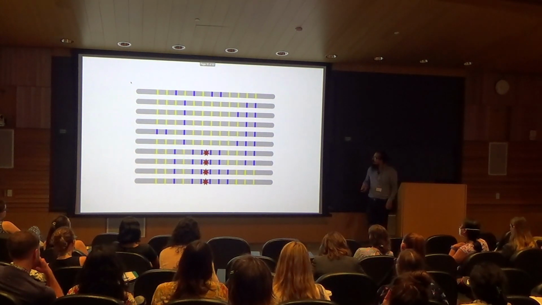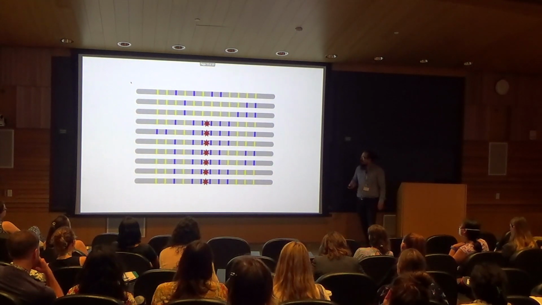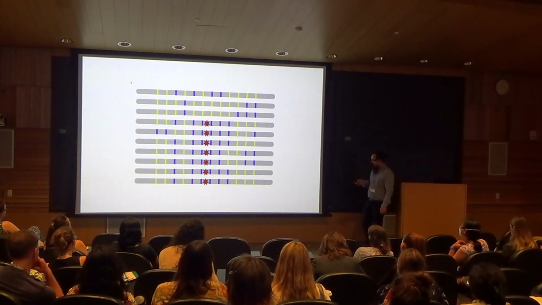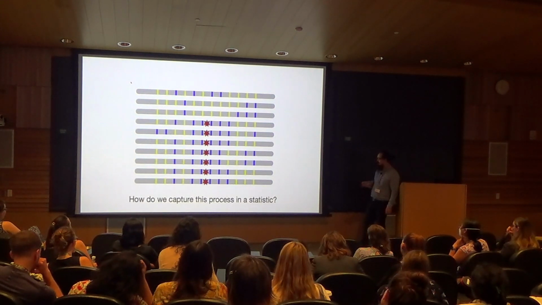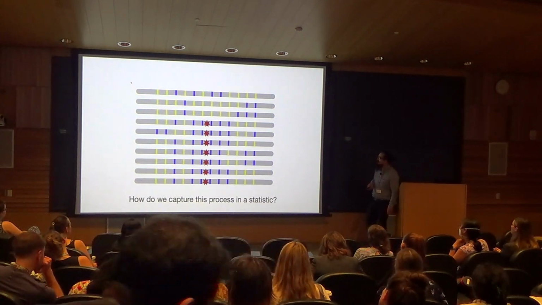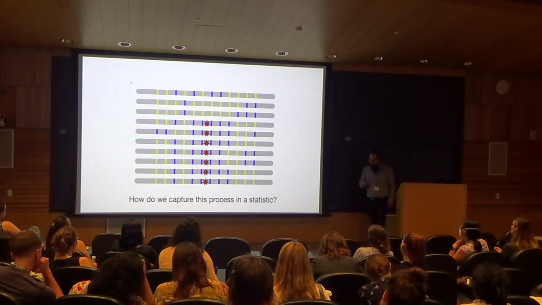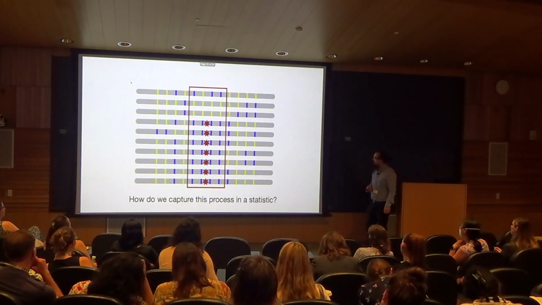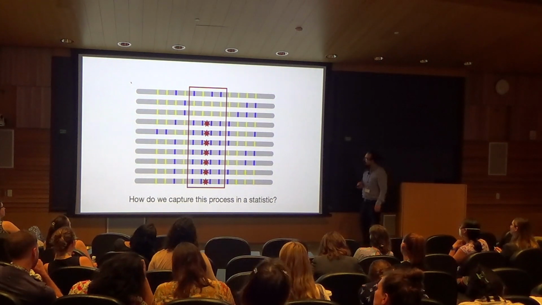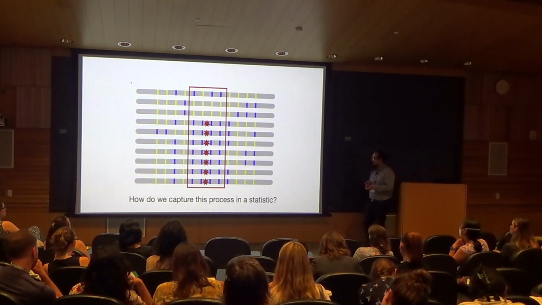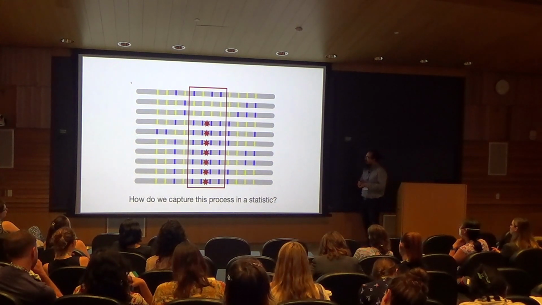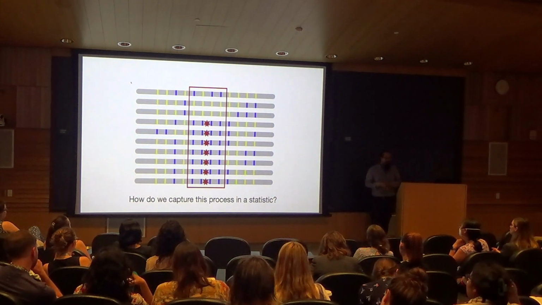Maybe it reaches 70% frequency in the population. Assuming that this has happened somewhere in the genome, we want to know how we can capture this process in a statistic. If you stare around the genomic location surrounding this adaptive haplotype, you'll notice that there's a lot of low genetic diversity surrounding the adaptive allele.